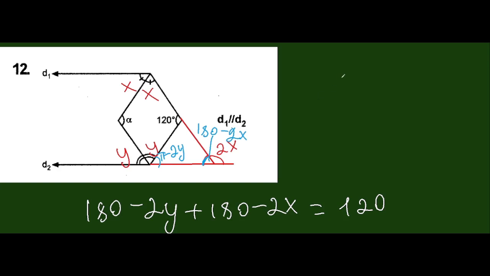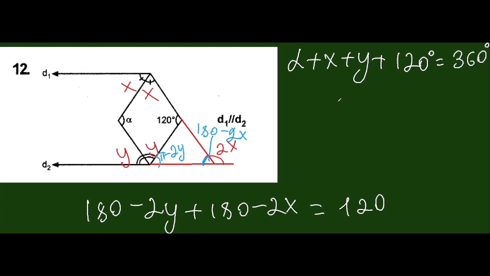So from here we can write down the sum of interior angles of the quadrangle. So alpha plus x plus y plus 120 will equal 360. And from here we know that x plus y is equal to 120.